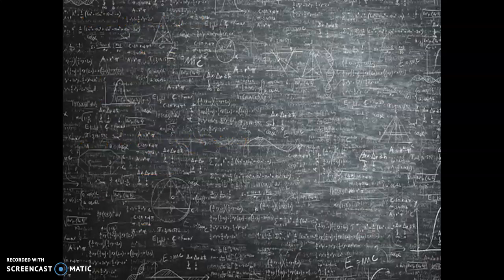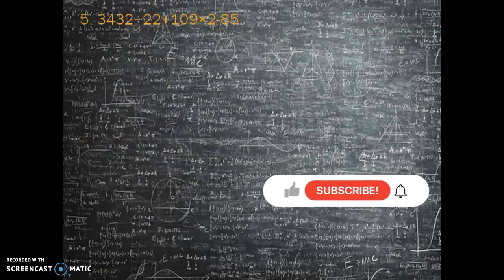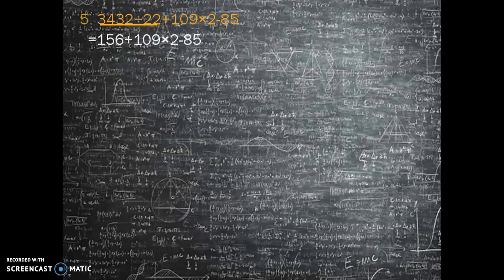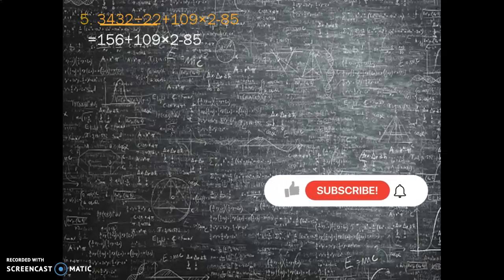See the next example. 3432 divided by 22 plus 109 into 2 minus 85. We will take the division part, that is 3432 divided by 22. We will get it as 156 plus 109 into 2 minus 85.